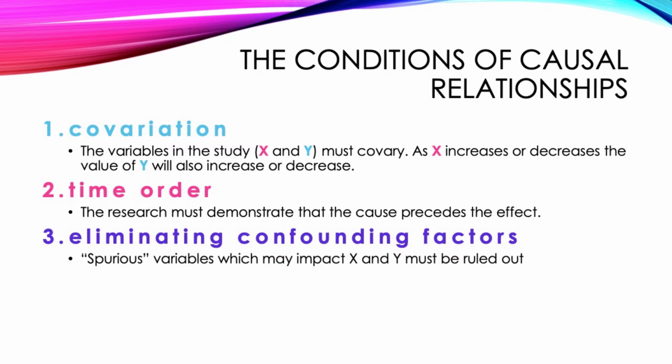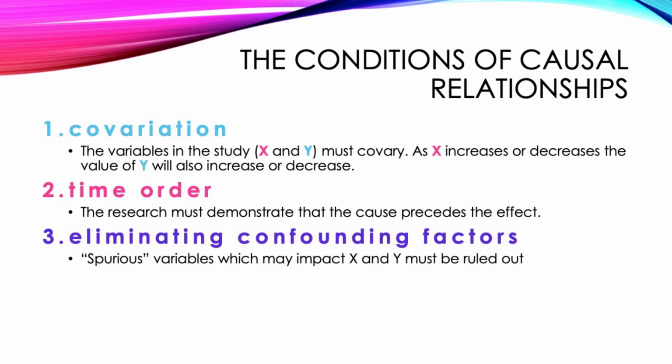Second, which is pretty self-explanatory and common sense, time order matters. This is more of a concern for your theory and the explanation you are giving for why these two variables should be causal. But generally, the research must demonstrate that the cause precedes the effect.